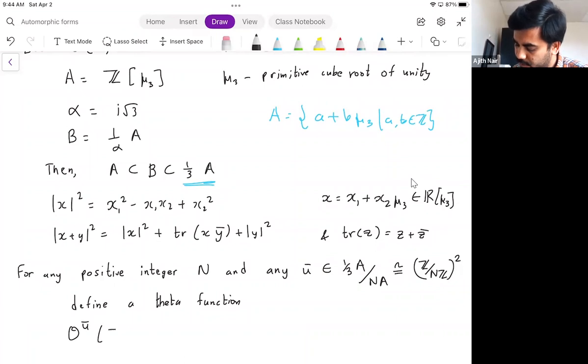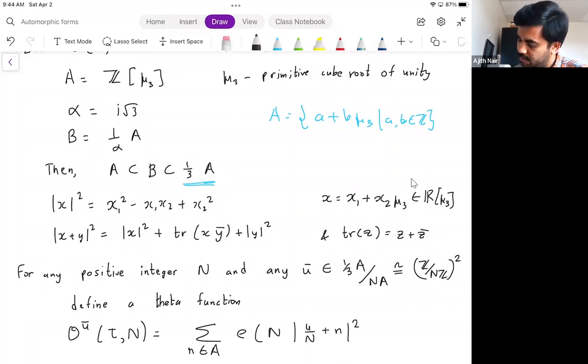Theta u bar of tau n is we sum over the elements of A. So it's an infinite sum, e to the power n times absolute value of u over n plus small n squared tau, where tau is now in my upper half plane. So this is the theta function that we construct.